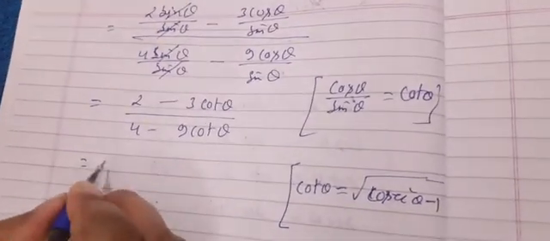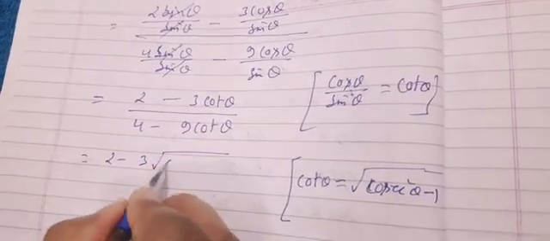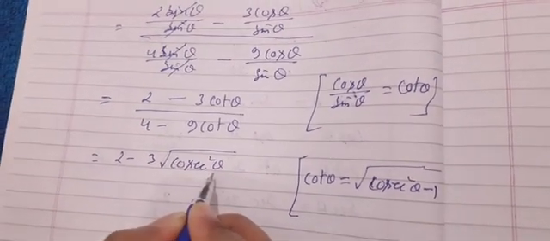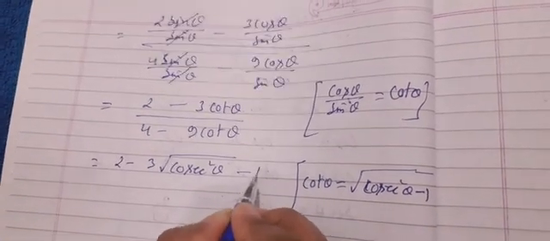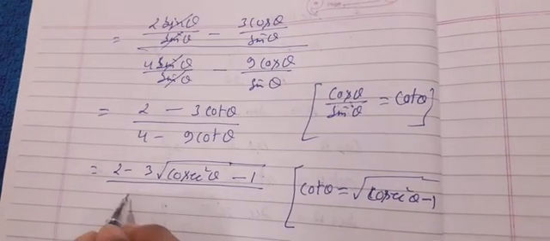Okay children, so I'm going to write 2 minus 3, instead of cot theta I will write under root cosec square theta minus 1, because we have the value of cosec theta. The 1 is also inside the under root sign.